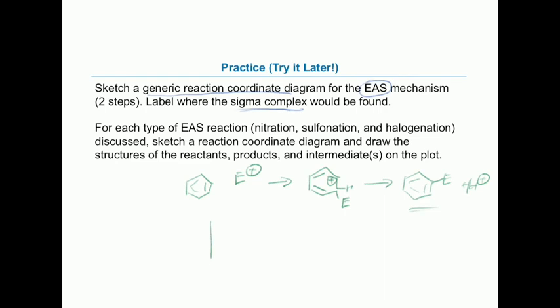So if we were to sketch this out, you could imagine that my energy is going to be on this axis, and then the reaction progression is along our x-axis. We're starting at some benzene on its own, and we're going to mix in some type of electrophile.